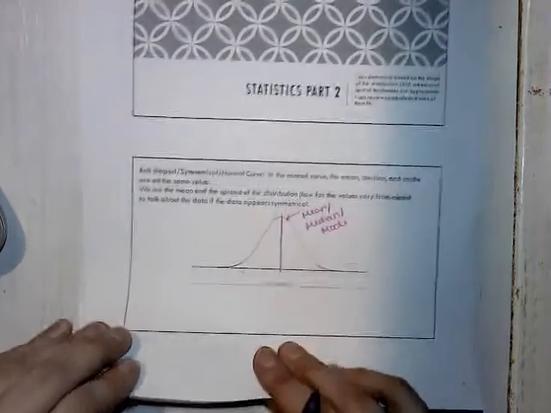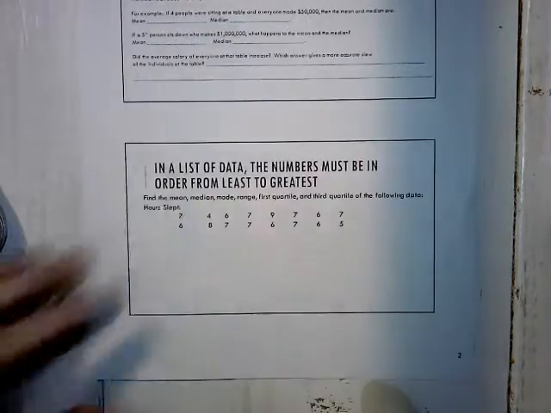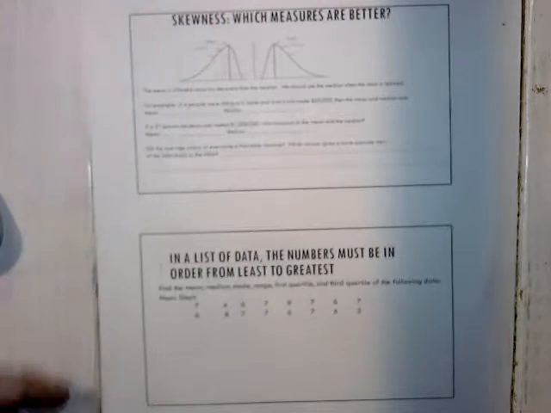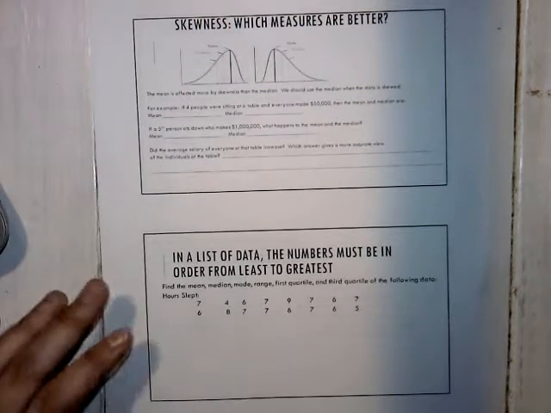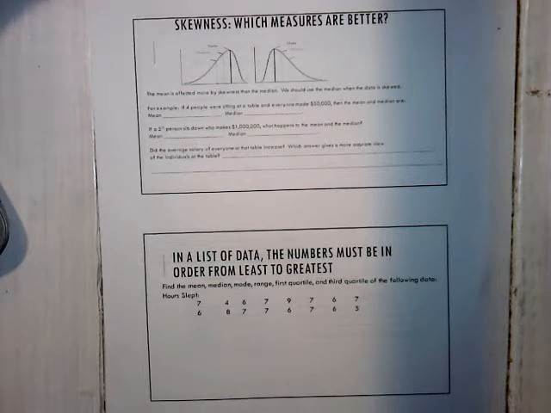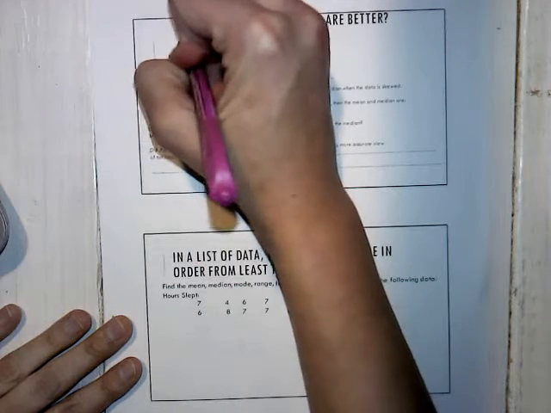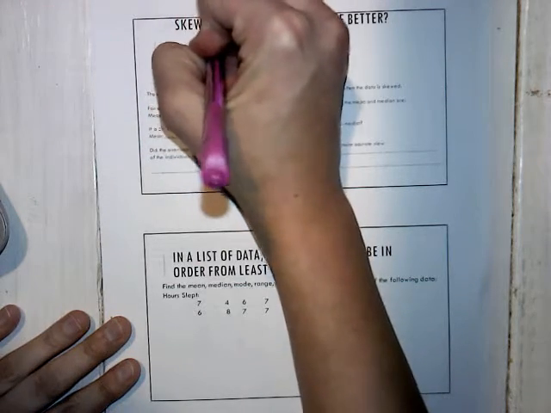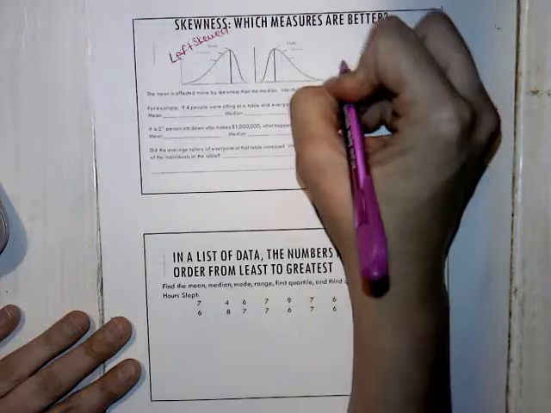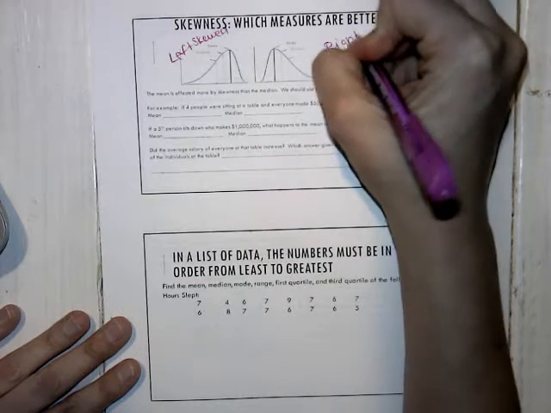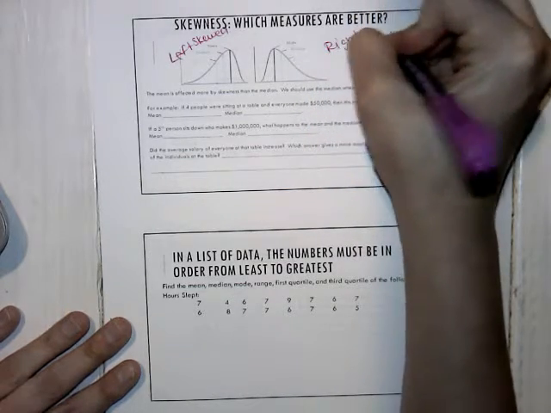But what happens if we are skewed? If we're talking about that skewness that we talked about on the previous note packet, when the tail was longer to the left, it was left skewed. And when it was longer to the right, it was right skewed. And we had these pictures also in those last notes.